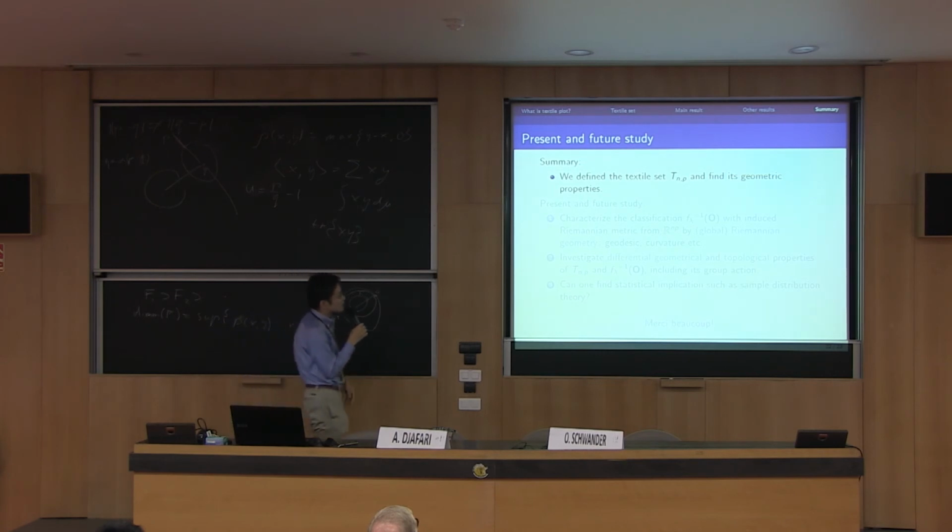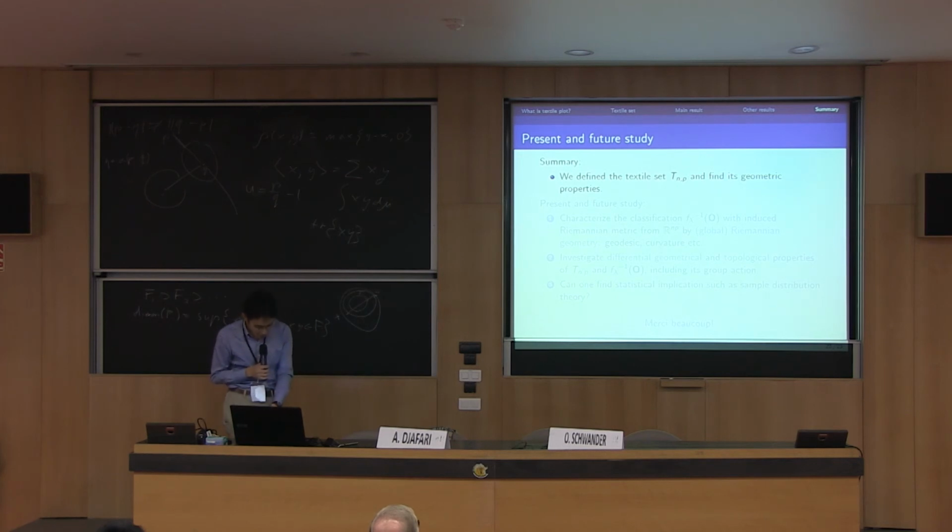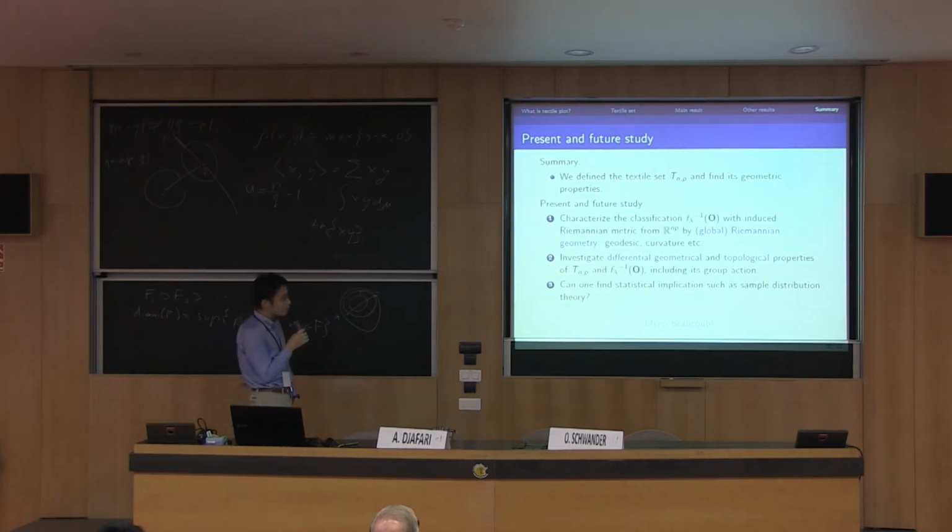I'd like to summarize our talk. We defined the textile set and found its geometric properties. Namely, the textile set is decomposed into two regular manifolds. The present and future study follows.